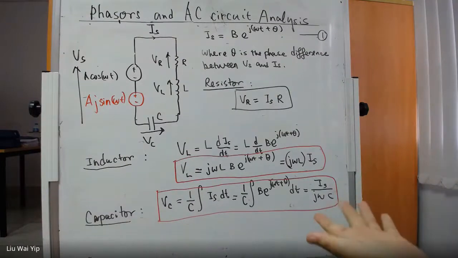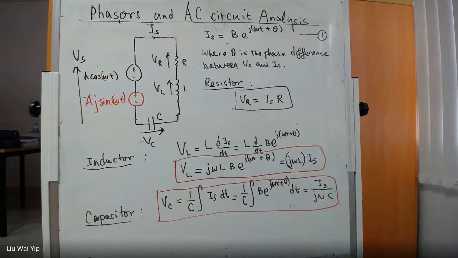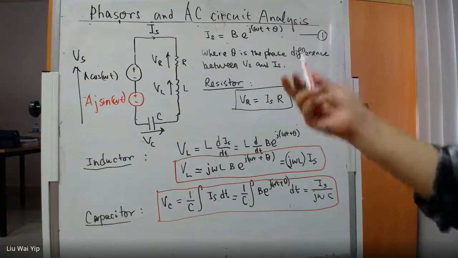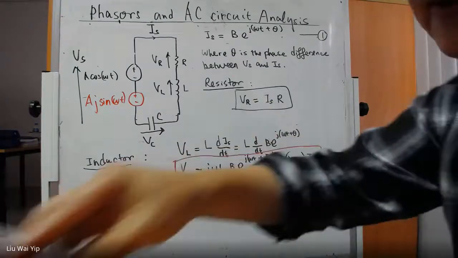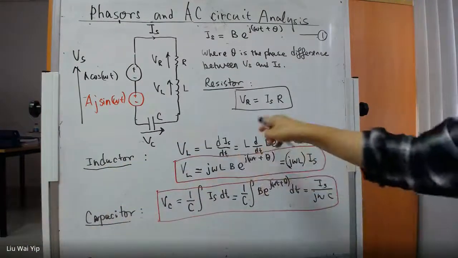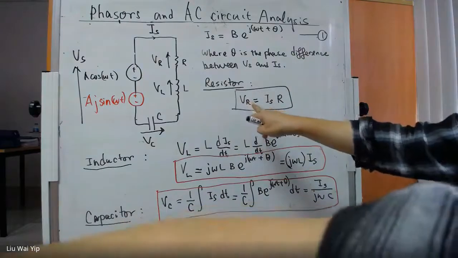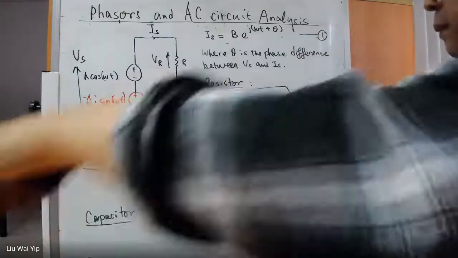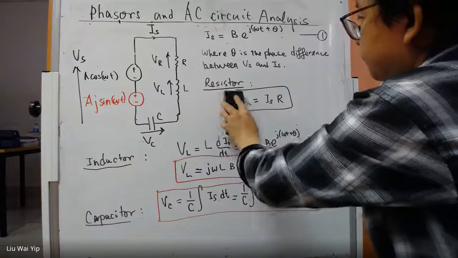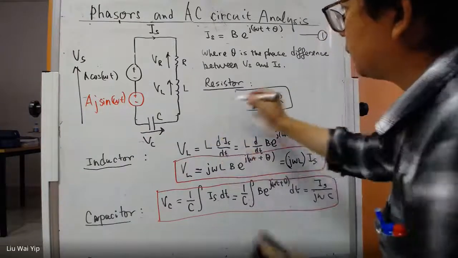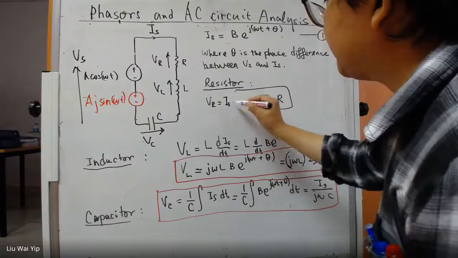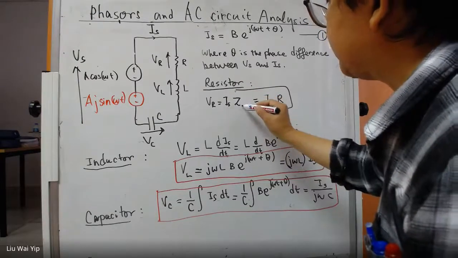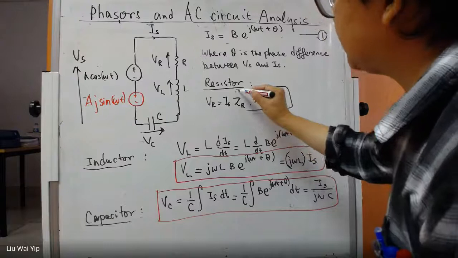How about this? We are going to invent another variable, so-called impedance. In this case, the expression will become VR is equal to IS, and then the resistive impedance.